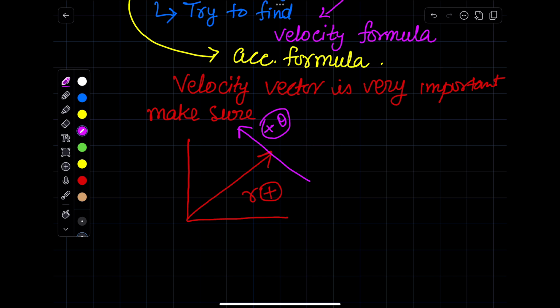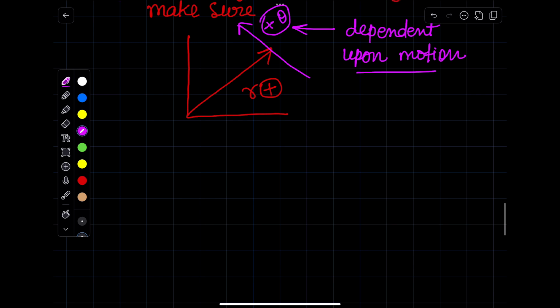And the theta axis is always perpendicular to the r line, but to know when it will be positive, you have to see the motion of the vector. So if the vector is going in the upward direction or in this quadrant, it will be positive. If the vector is in the right side quadrant, it will be negative.